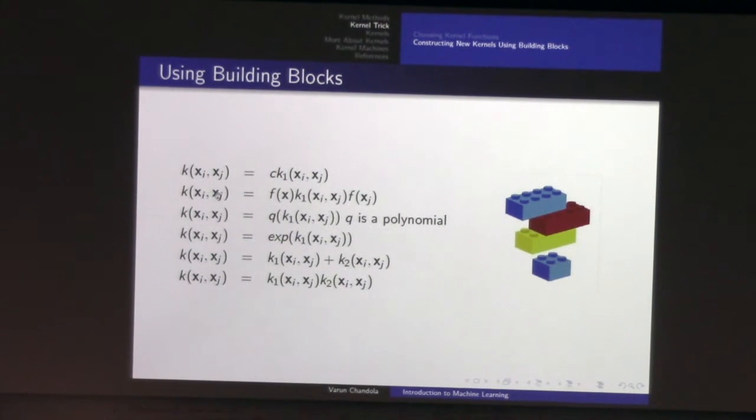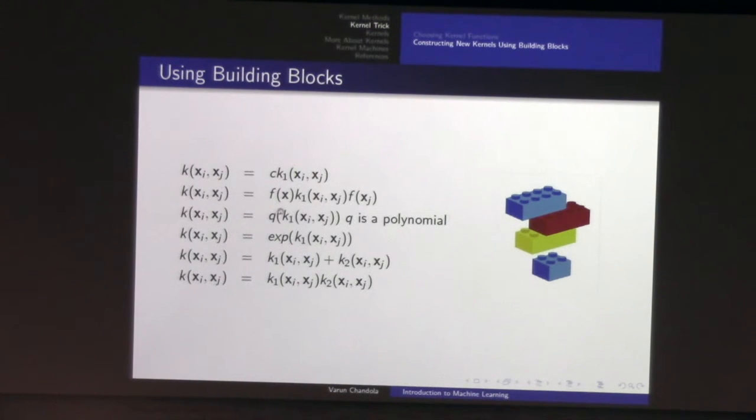Then you build fancier kernels by using these individual kernel functions, right? For example, you can have a kernel which is just a constant times this kernel, or it could be some functional form of applying some other function, and there needs to be some constraints on this function that I still don't know, but I'll come back to that.